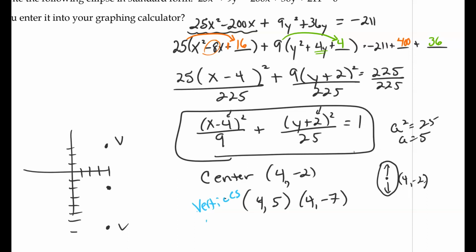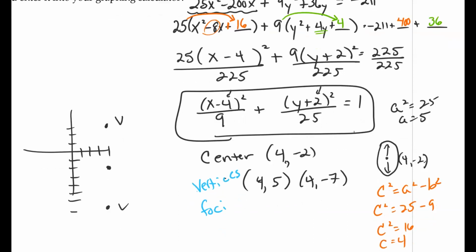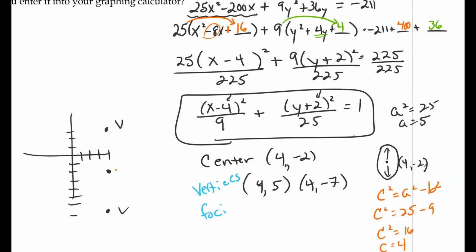Okay, to get the foci for this, we're going to have to use c. And so we know the foci is somewhere in here. To get c, we're going to have to use our formula: c squared equals a squared minus b squared. So c squared here would be 25 minus 9. So c squared is 16, and c would be 4. So I'm going to go up 4 from my center.